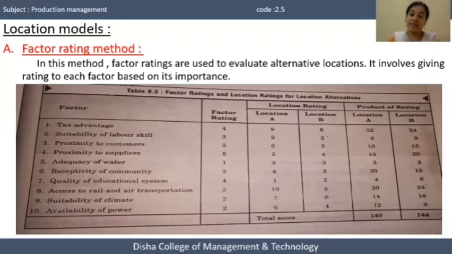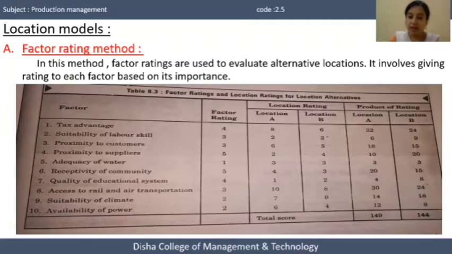After assigning various ratings to particular factors, next the industrialist has to identify various alternate locations which are available to them. After identifying various locations, again he has to rate various locations. He has to rate various locations according to the availability of various factors. Means after identifying various locations, he has to assign a rating point to every factor at a particular location as per their availability.